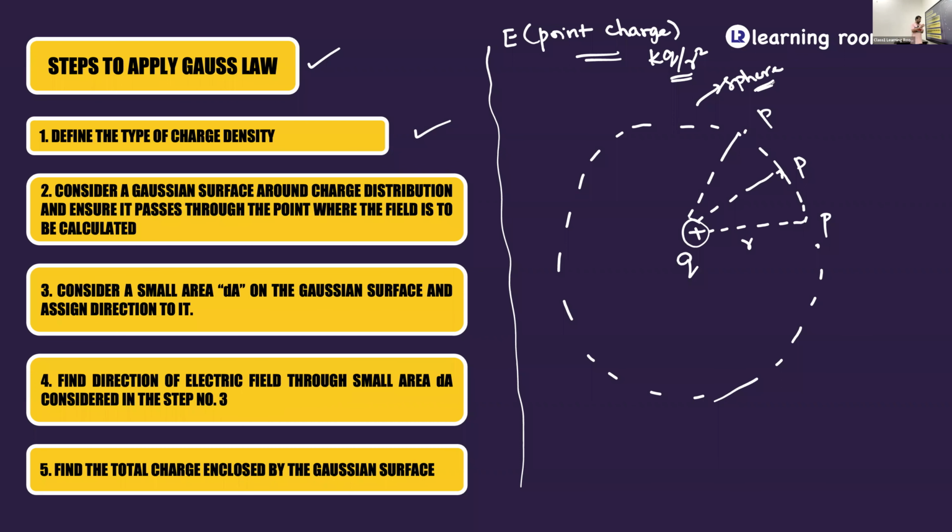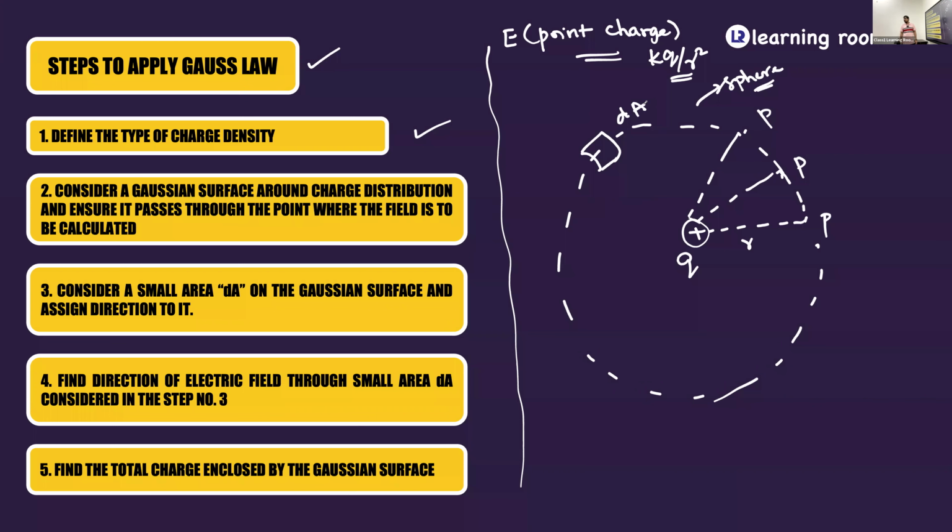Third step. On the Gaussian surface, consider a small area dA. So the Gaussian surface is a sphere. On that sphere, we are going to take a small area dA. Right? We'll consider a small area dA, and assign direction to it. What is the direction of the area vector?